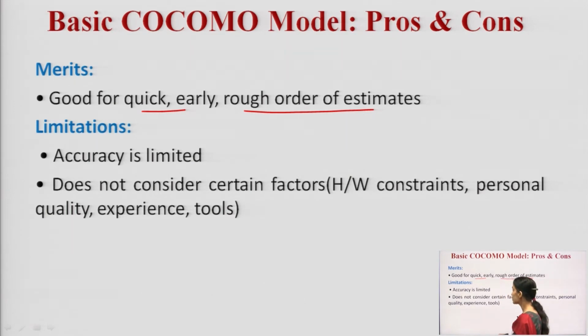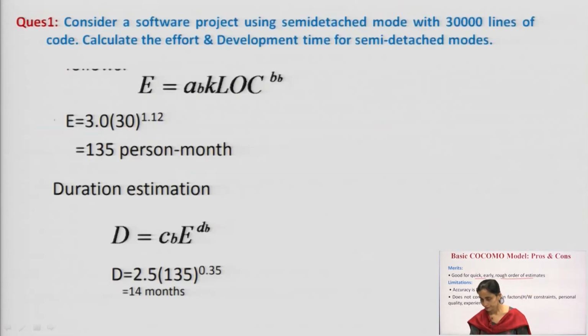The limitations are that the accuracy is limited and it does not consider hardware constraints or the quality of the person, how much experience he has, which tool he will be using, which language he will be using. They are not considered in this basic model. That is the shortcoming of this model.